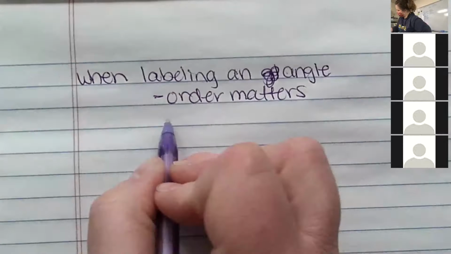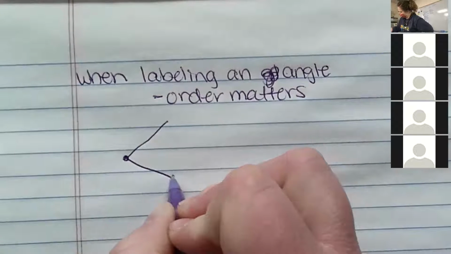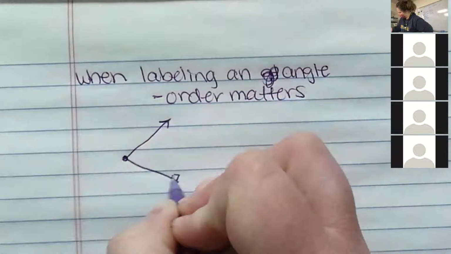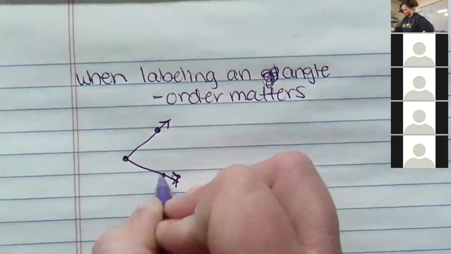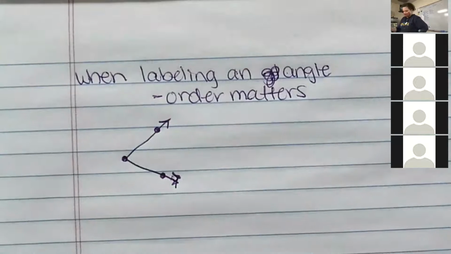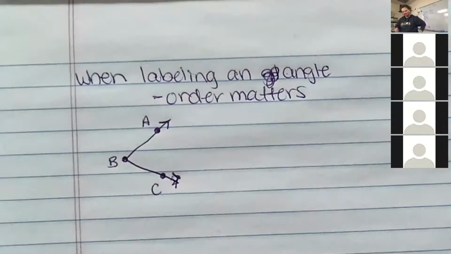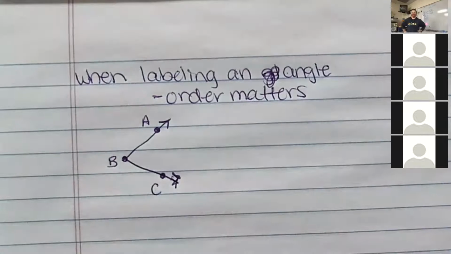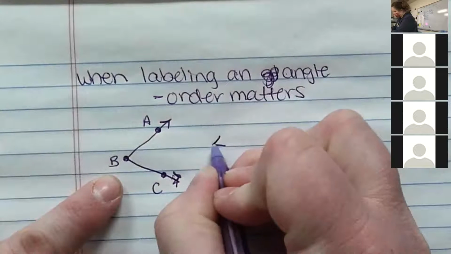So let's just say I have this angle right here. We're going to put some points on here. Points are represented by capital letters. So I'm going to say A, B, C. If I wanted to label this angle, I need to show that it's an angle by an angle sign.